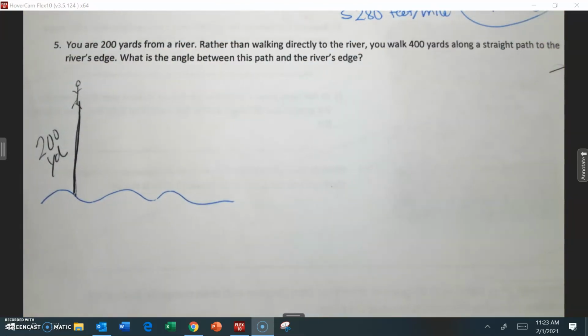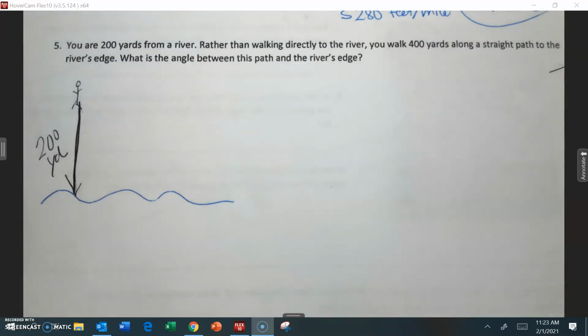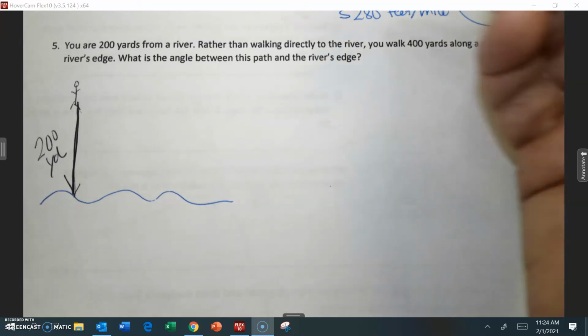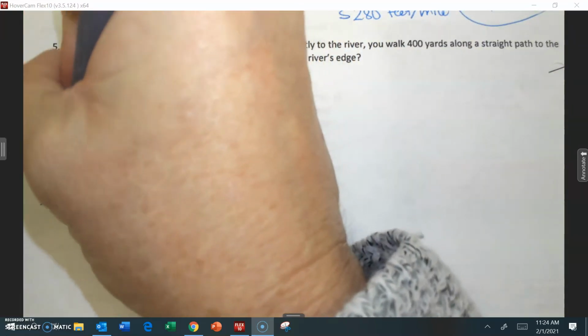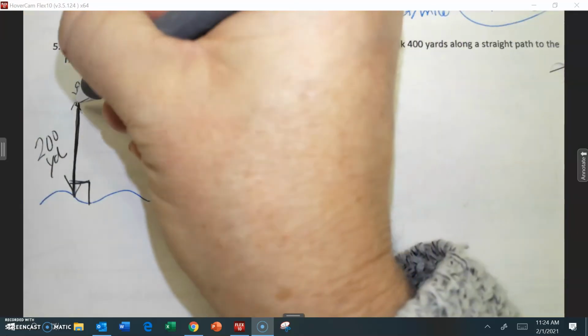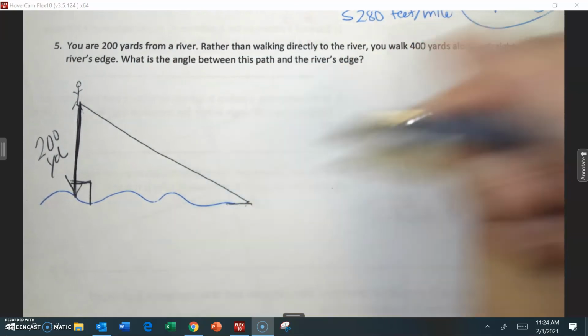It says rather than walking directly to the river, so instead of doing this, we're going to walk along a path. It says along a straight path to the river's edge. So instead of going right to it, which is kind of perpendicular to it, we're going to walk like this and eventually hit the water over here somewhere.